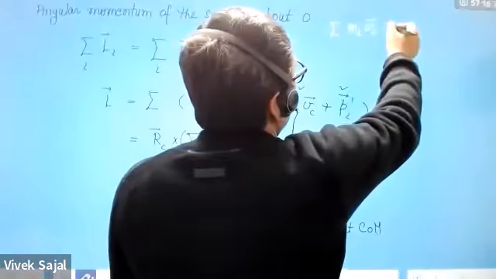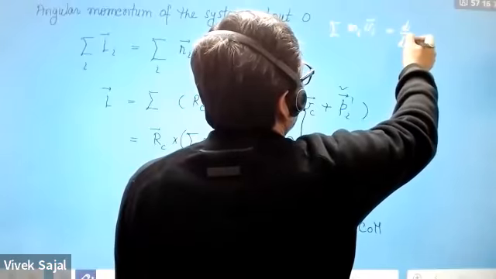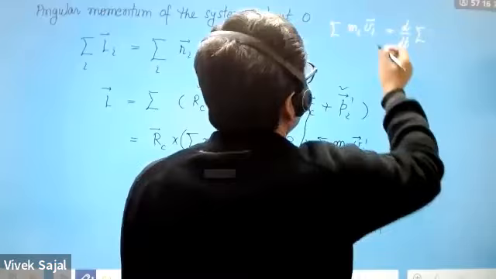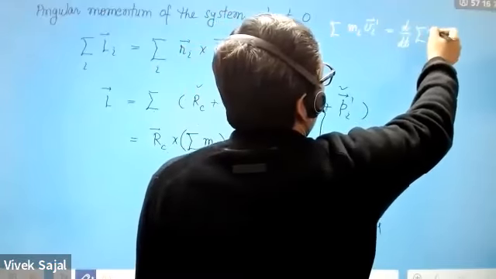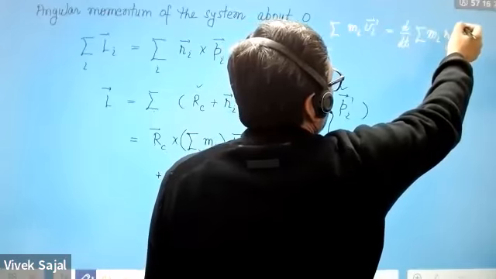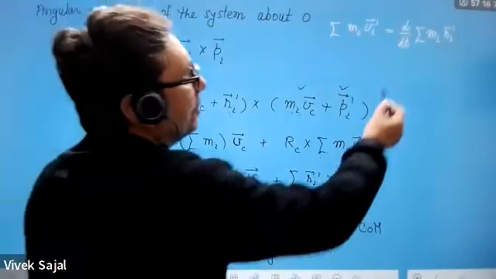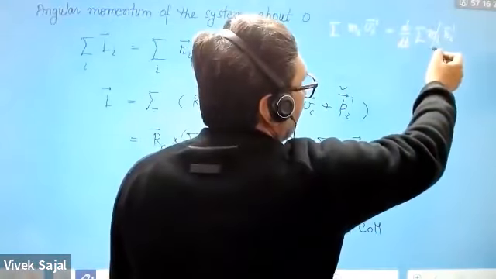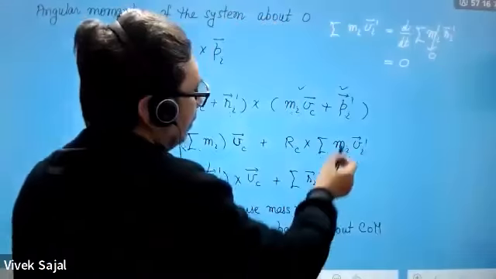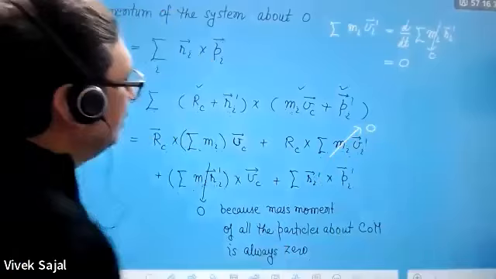You can write this term as d by dt of sigma Mi Ri prime, and this is zero. Try to understand, this is again the same thing. So this term is going to be zero again, due to the same reason.